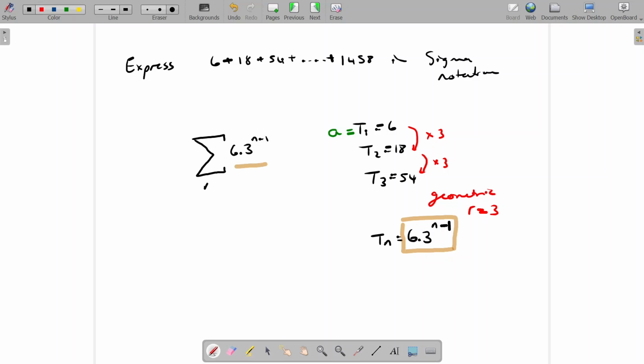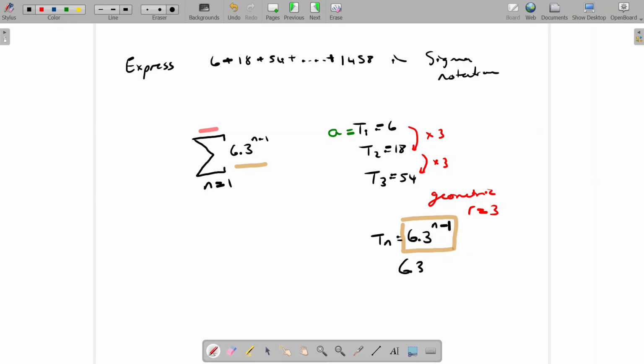We can start with n equals 1, unless we want to make our own lives difficult. And now what we need to do is simply work out what our last value is. What is our final value going to be? In this case, we're going to do what we've done in previous cases. We're going to say 6 times 3 to the n minus 1 equals 1458, because this is our last term.